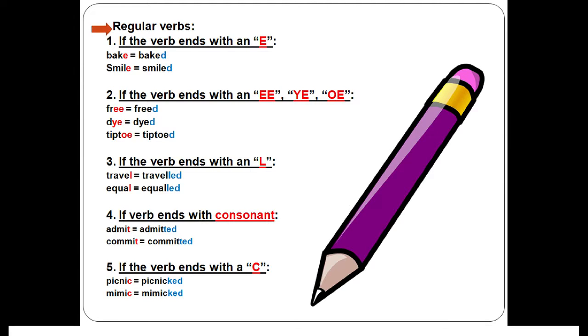Examples: admit, admitted, commit, committed, stop, stopped. If the verb ends in c, you need to add a k before adding ed. And examples are picnic, become picnicked, mimic, become mimicked.